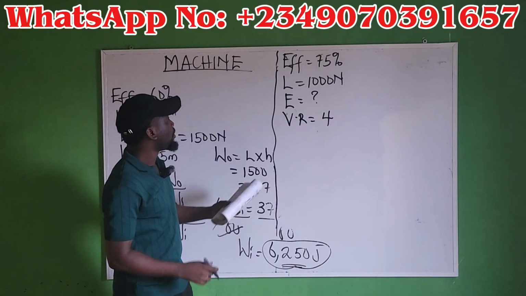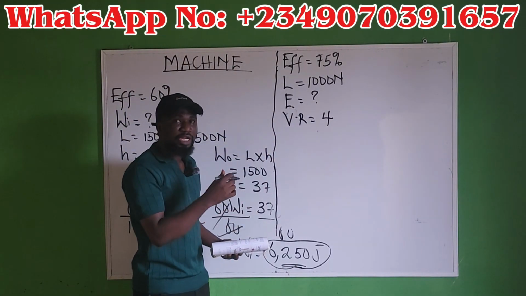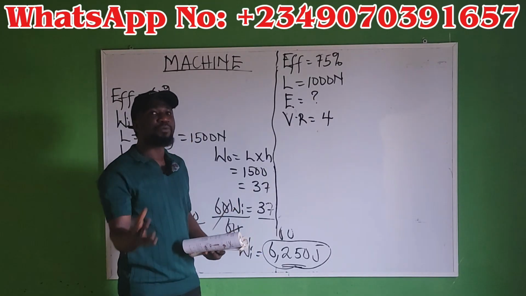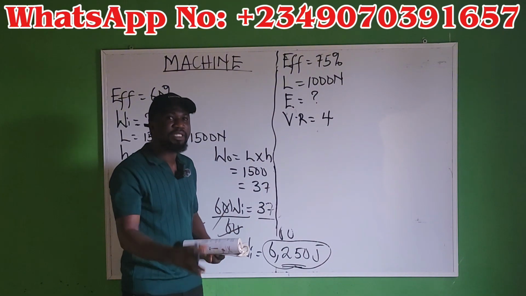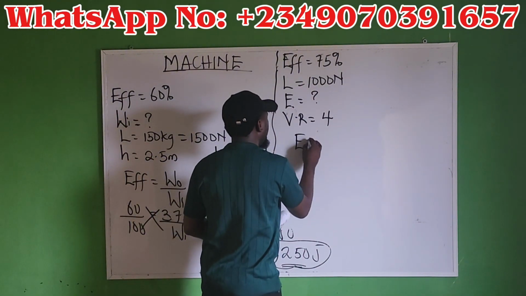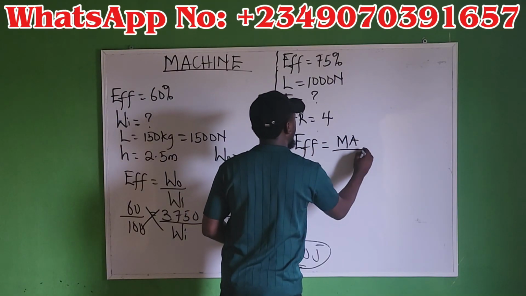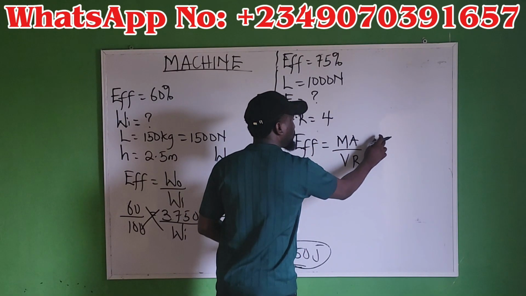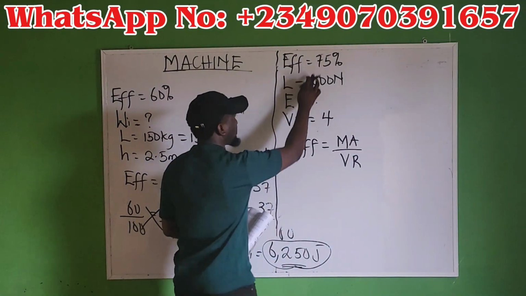Do not forget, we are about to get the effort. So in this case, we are not using work output over work input. We are to use mechanical advantage over velocity ratio. So efficiency now is mechanical advantage over velocity ratio. No need of putting times 100%. So the efficiency is 75%.